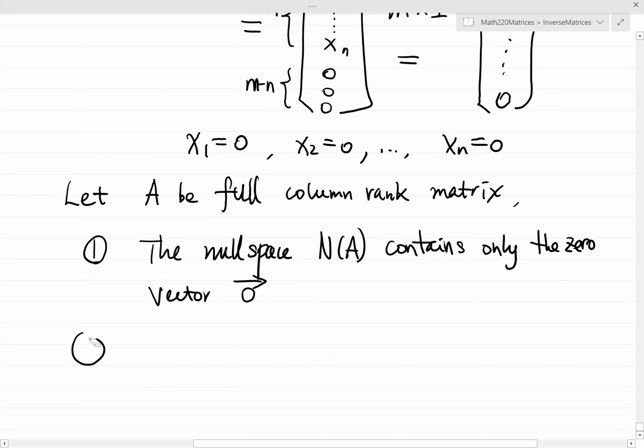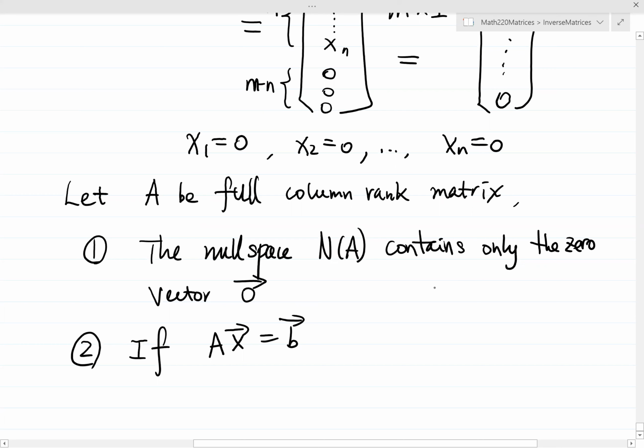Second one. Remember the linear system: if it has a solution, if you can find a special solution, then the general solution is obtained by the special solution plus any vector in the null space. But the null space has only the zero vector.